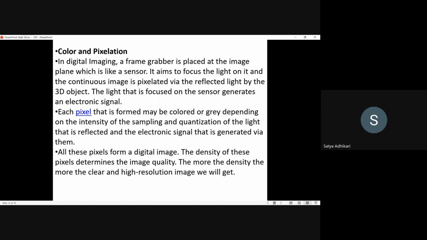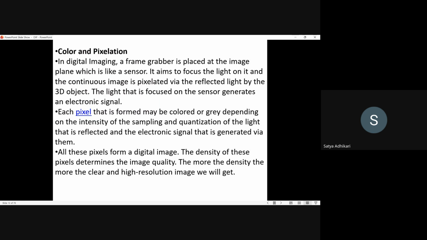The light that focuses on the sensor generates an electrical signal, and each pixel that is formed may be colored or gray depending upon the intensity, through sampling and quantization of the light and the electronic signal generated.